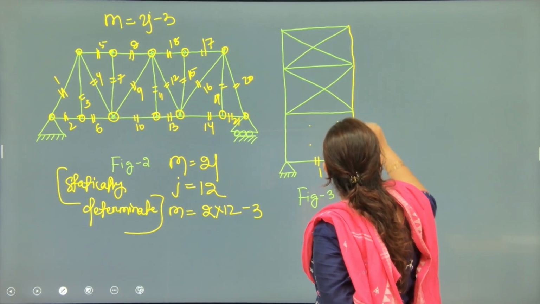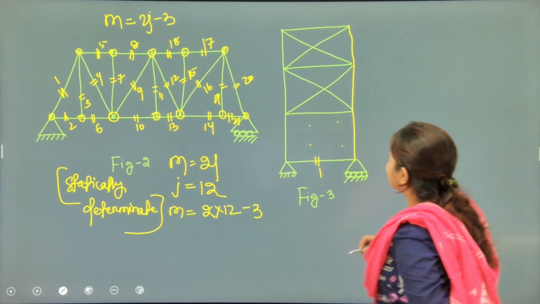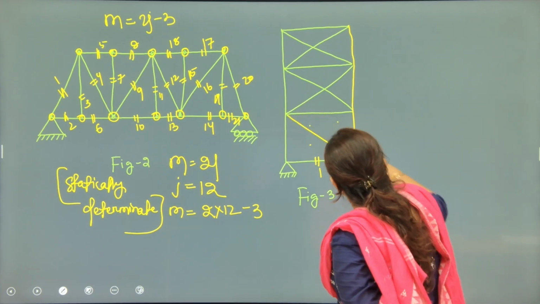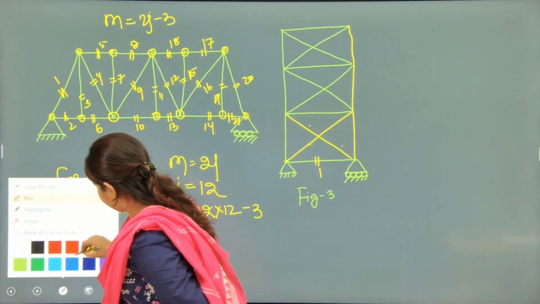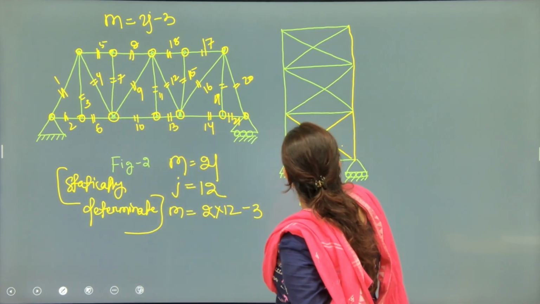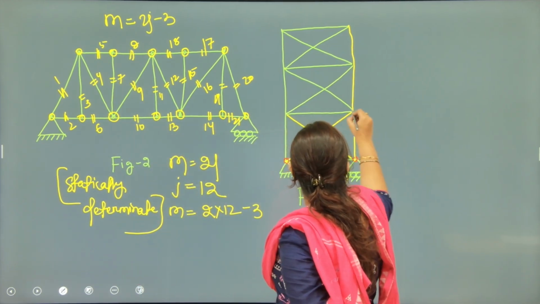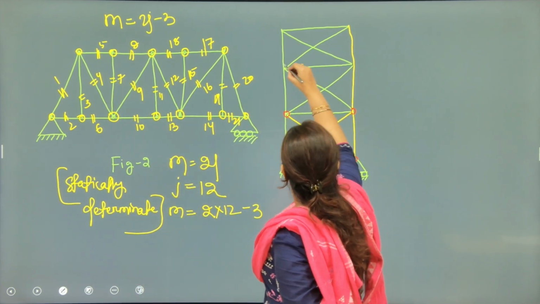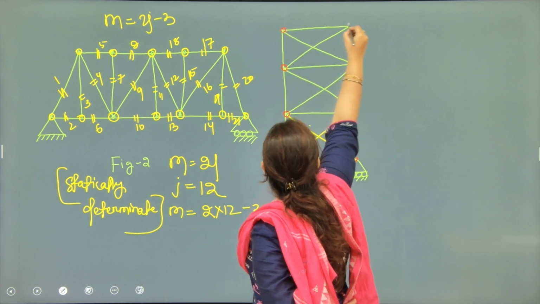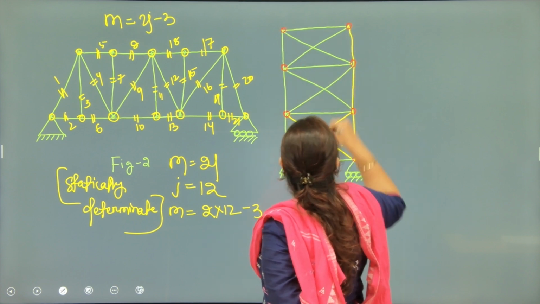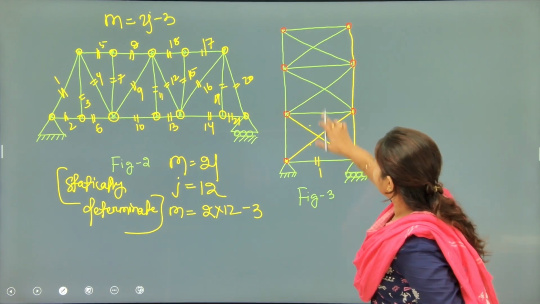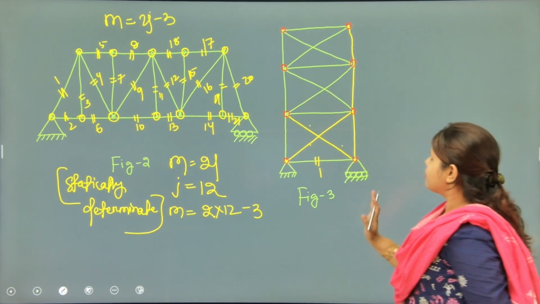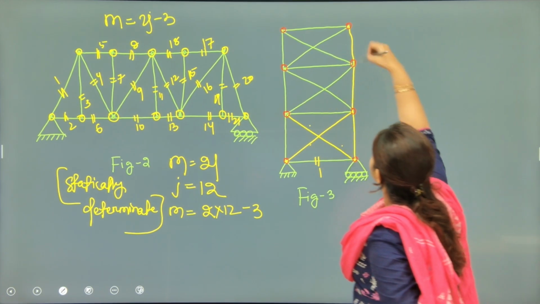First we need to calculate the joints. If we have the joints here 1, 2, 3, 4, 5, 6, 7, 8, and these are not joints, then we will calculate the members like 1, 2, 3.